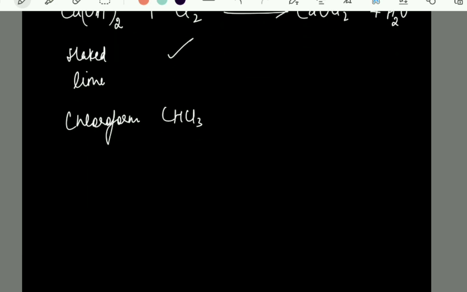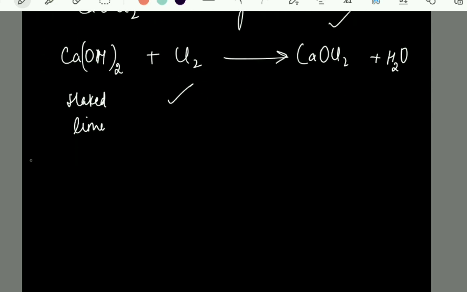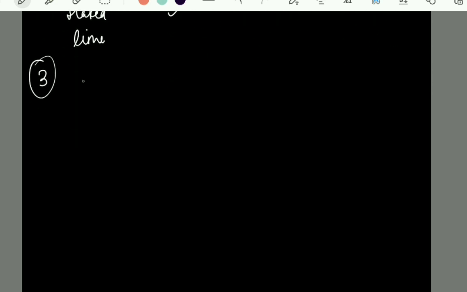So then we go to the next one. I didn't write uses in depth, but uses is something that you have to learn. You just need to know. So remember the reactions. Then we go to baking soda. So baking soda is basically what? That is sodium bicarbonate.